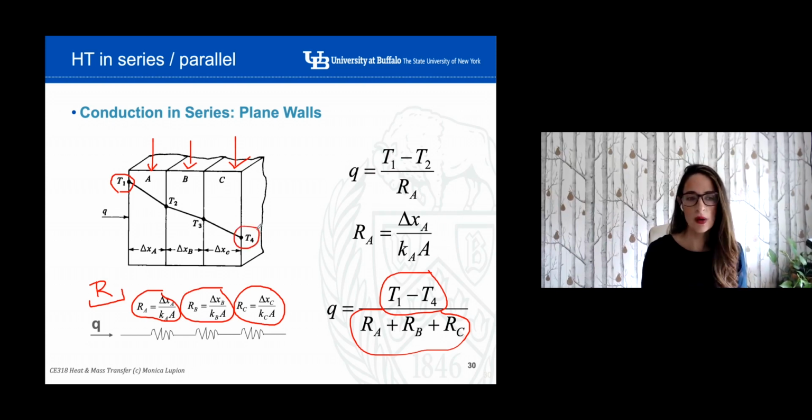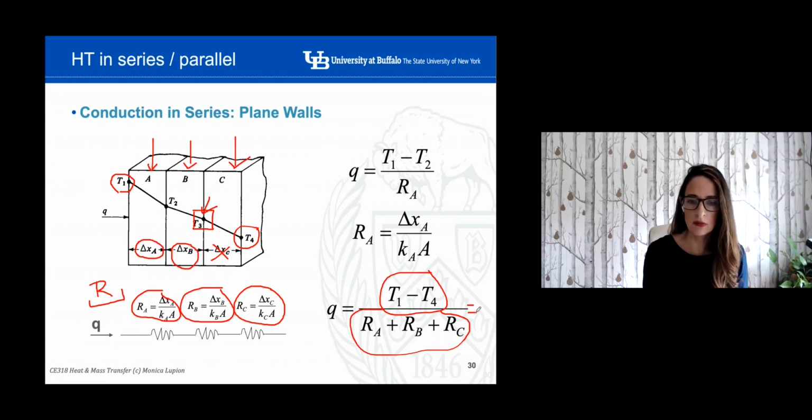But if we want, we can also calculate T3. And in this case, Q will be equal to T1 minus T3 divided by thermal resistance A and thermal resistance B. We wouldn't have to include the third element because we are going to stop at T3, okay? And the heat will be exactly the same.